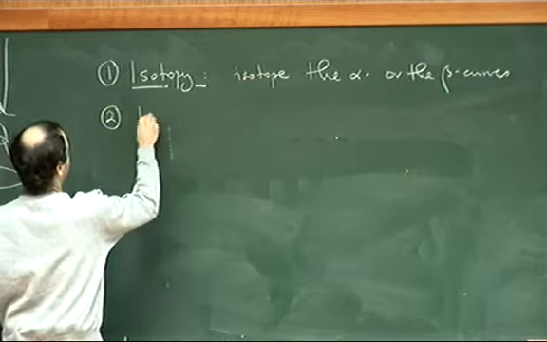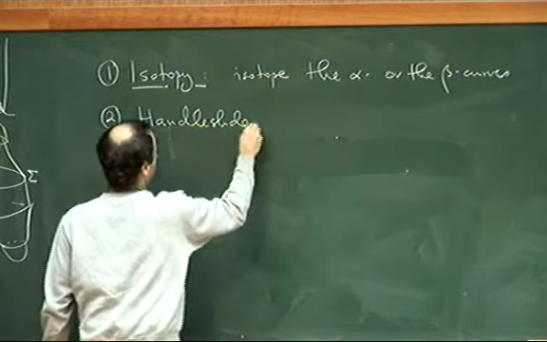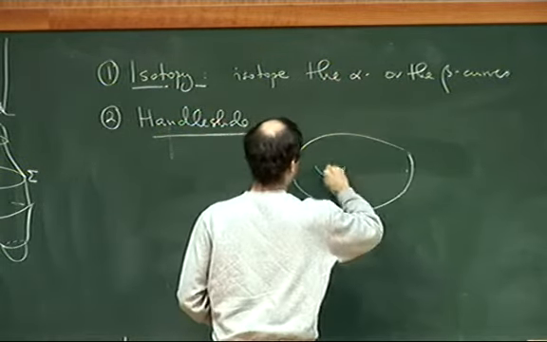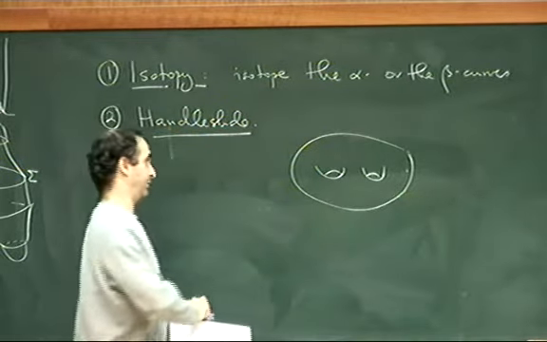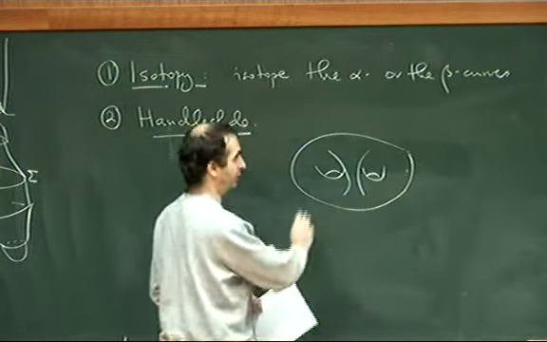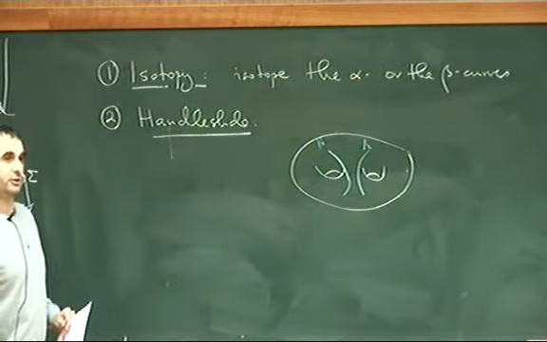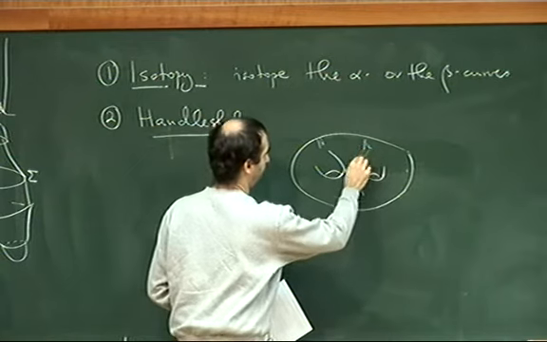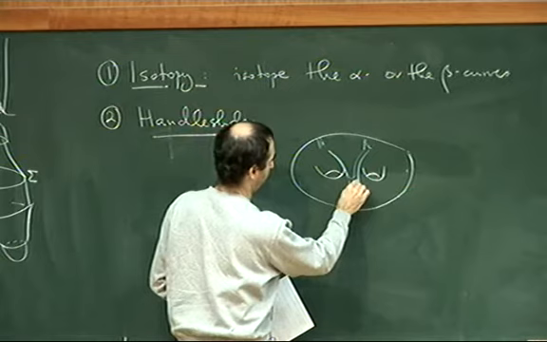The second is handle slide, which I will just draw a diagram for. If we have two curves of the same type, two different beta curves, beta 1 and beta 2, then we can slide one over the other, which just means that we take a nearby copy of the second one and connect sum it with the first.